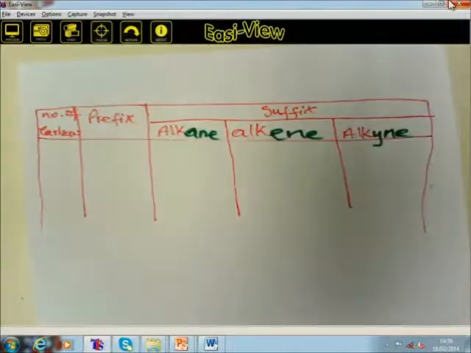All right. So these are the three homologous series that we refer to as hydrocarbons, where you've got only the hydrogen and the carbon in a compound and nothing else of another atom.